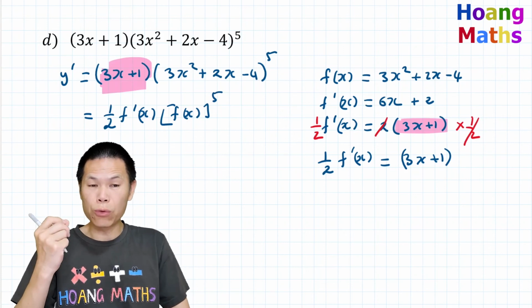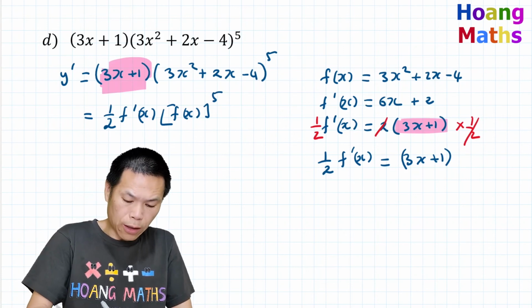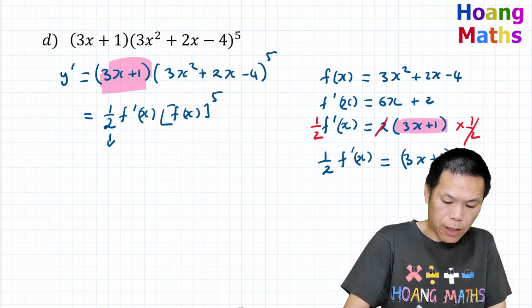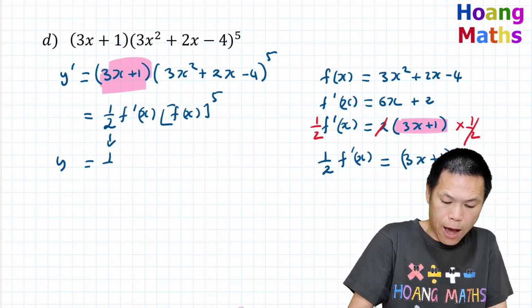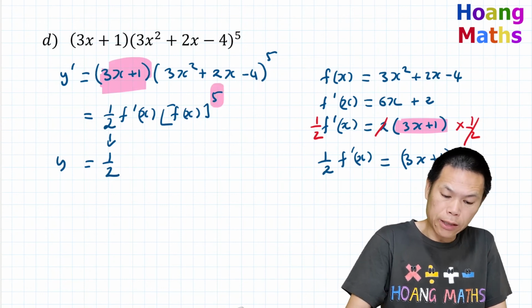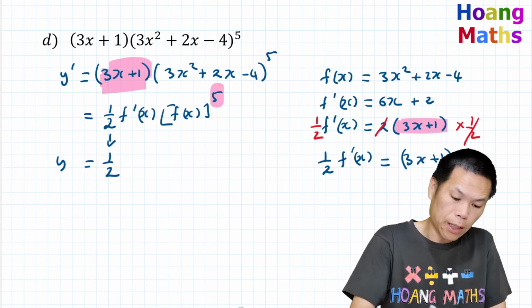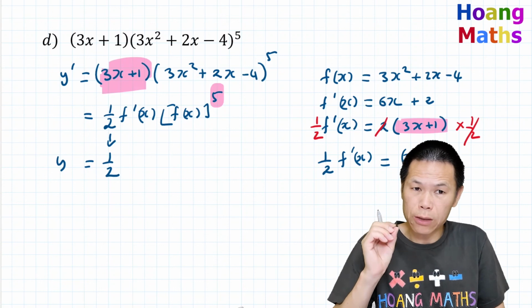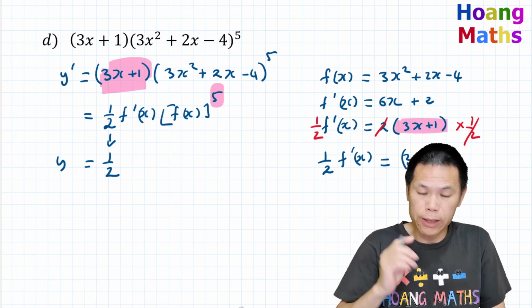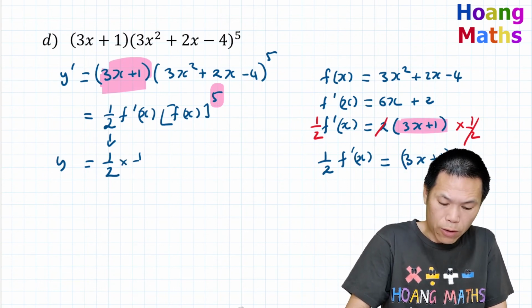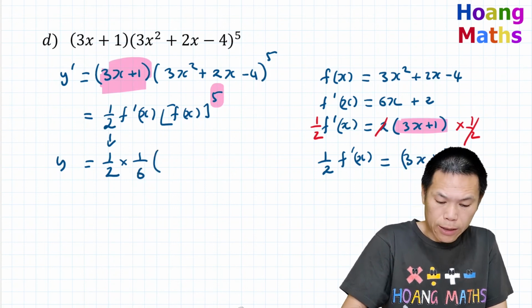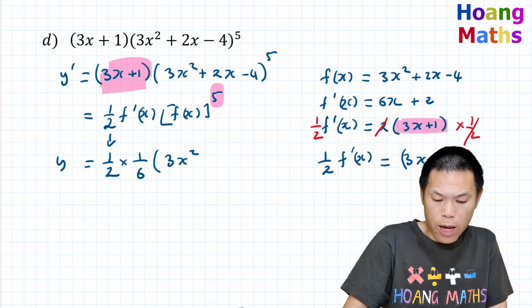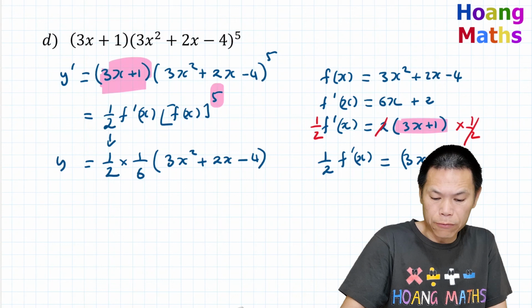So now we just use the rule. So to integrate this, of course, y, and this a half here, we just write this down, the constant. So y is equal to a half, and then n is 5. So we add 1, becomes 6. So instead of times 6, we divide by 6. So that means 1 over 6. So times 1 over 6 and times by f(x). So f(x) is 3x^2 plus 2x minus 4, and power of 6.